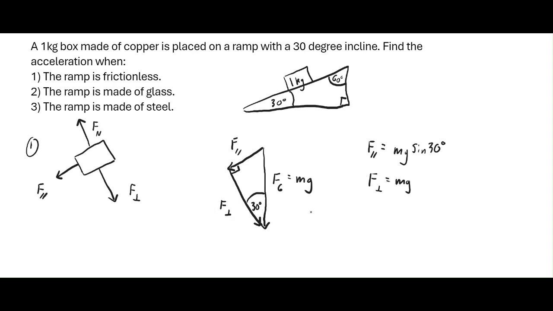So we have cos 30 degrees. And let's just leave these in this algebraic form for now rather than solving them on a calculator. We can do that in the end. Our goal here is to find the acceleration. So once we find this force, we'll be able to find how fast that block will accelerate down the ramp.